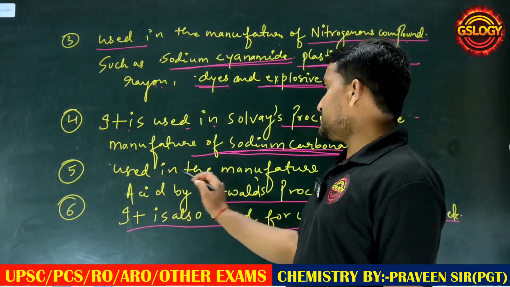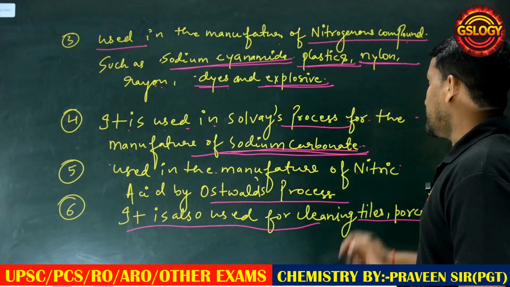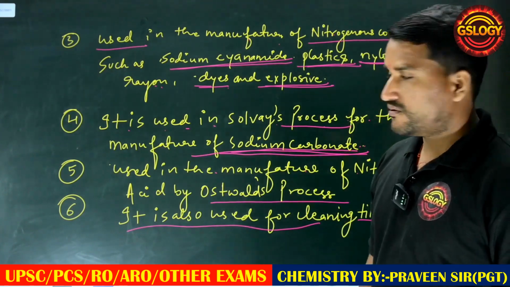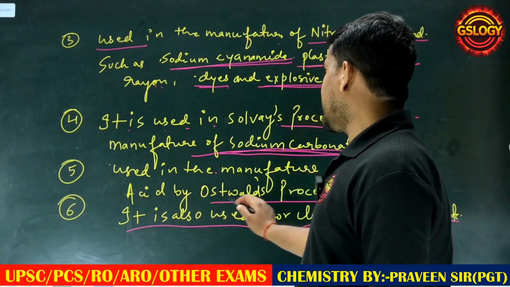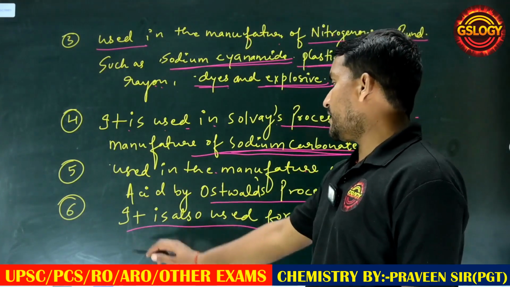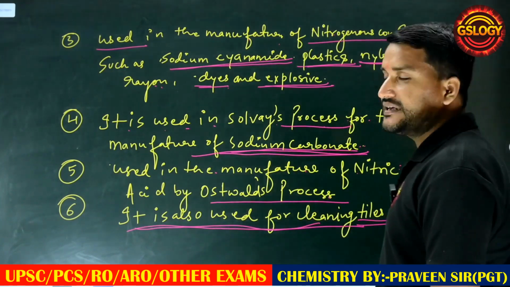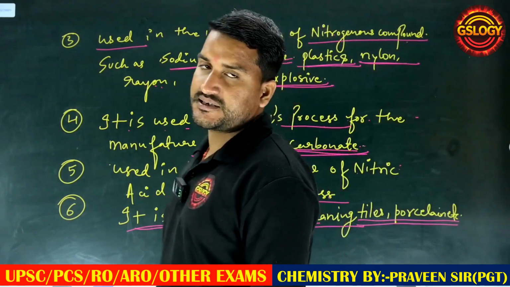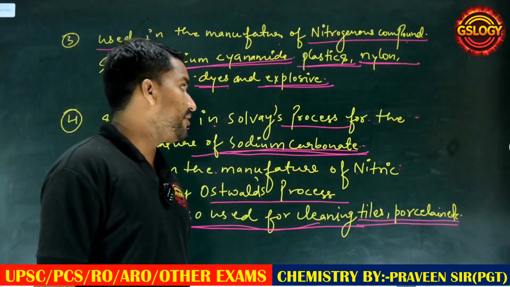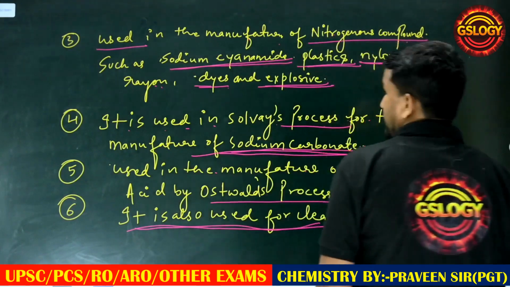And next point, use in the manufacturing of nitric acid by the Ostwald process. Next point, it is also used for cleaning tiles and porcelain, etc. So it is all about the uses of ammonia.